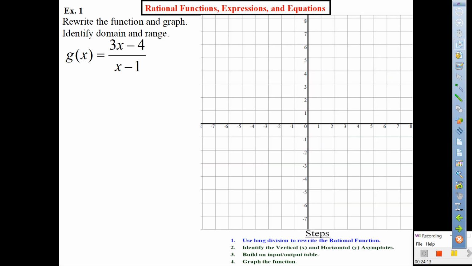Copy this one. Example 1Q. We got g of x equals 4x minus 7 over negative 2x plus 4.